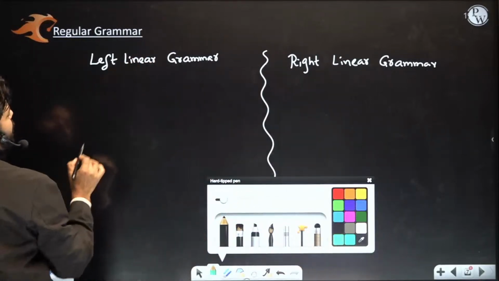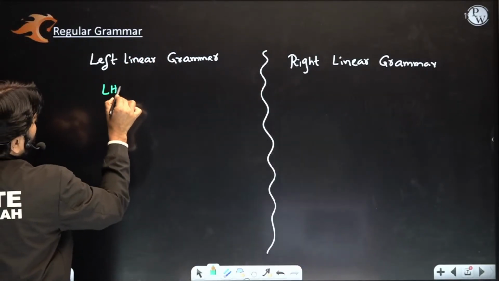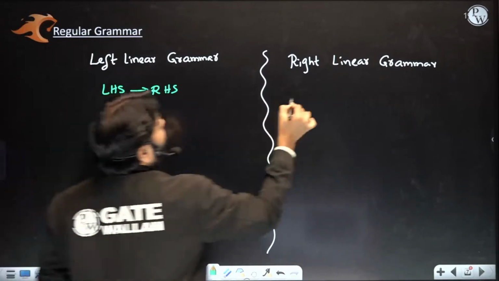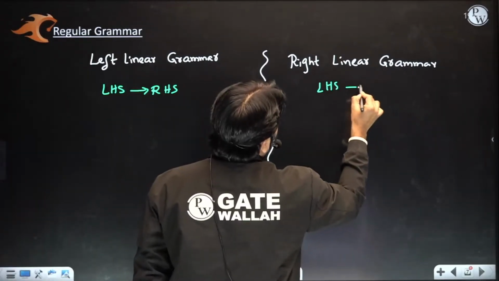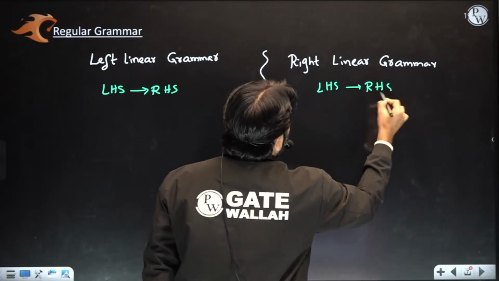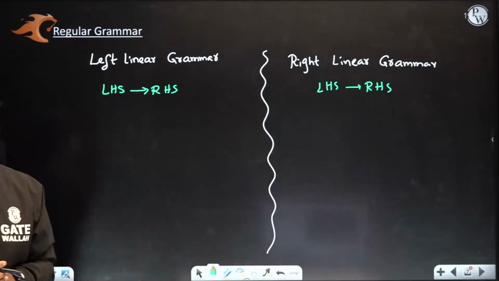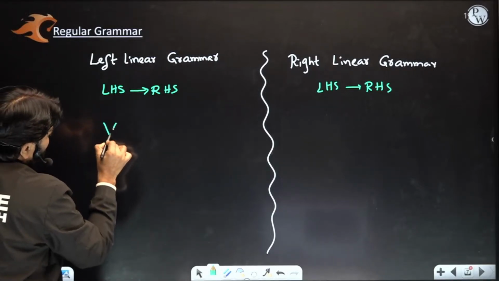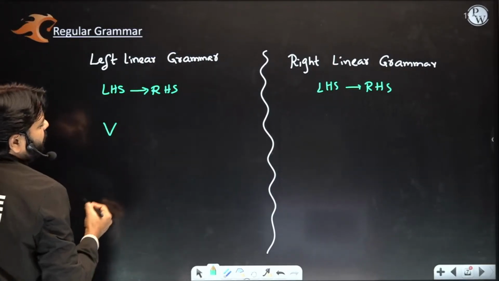In this, we restrict how the LHS and RHS are formed. In both of them, the LHS has the same rule: it should be exactly one non-terminal, V.